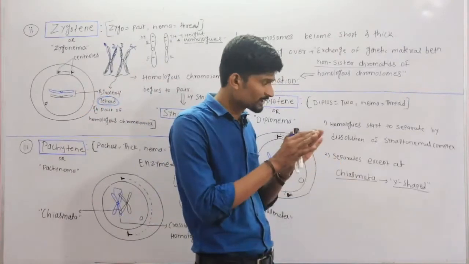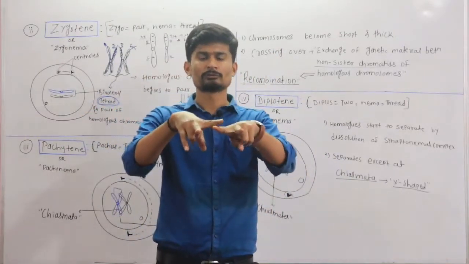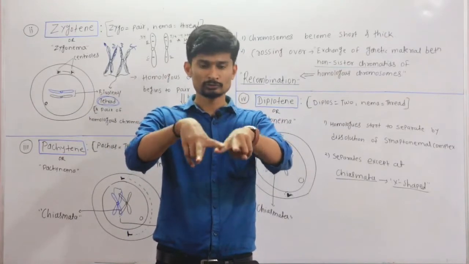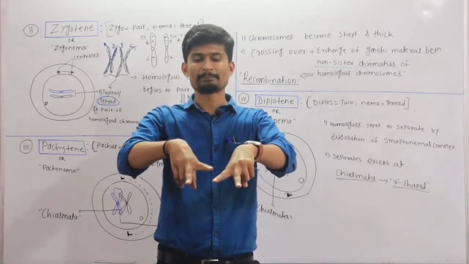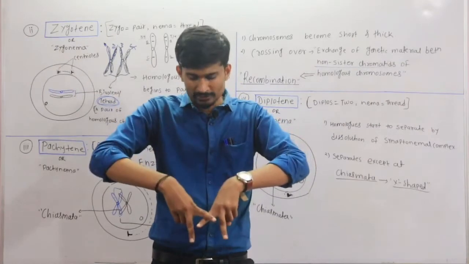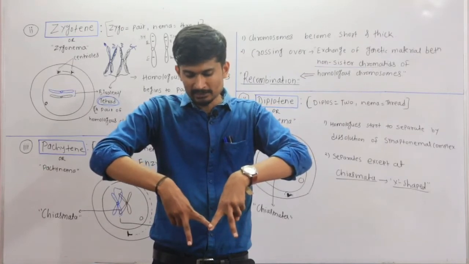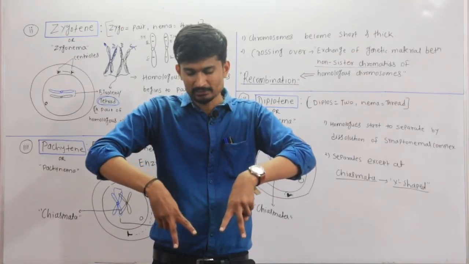So now these homologous chromosomes, the non-sister or homologous chromosomes, start to separate like this. Suppose this is the pairing, that is the chiasmata where the crossing over takes place. Now they start to move like this and finally they get separated.